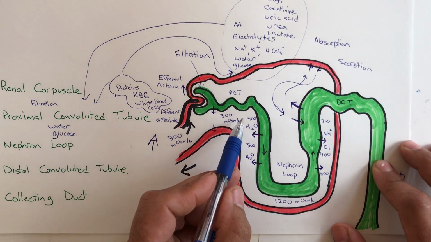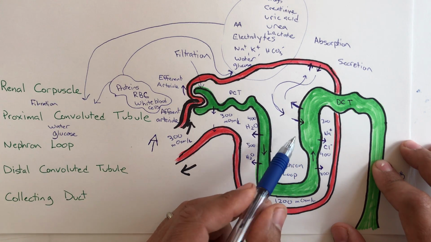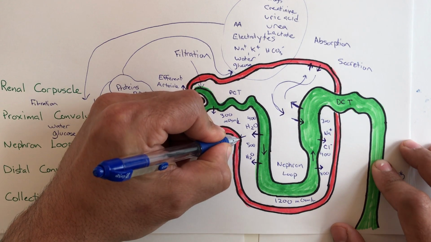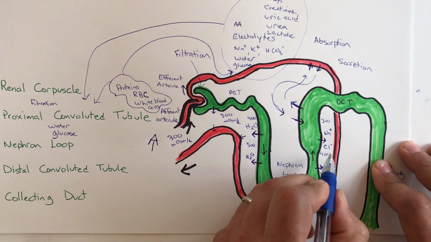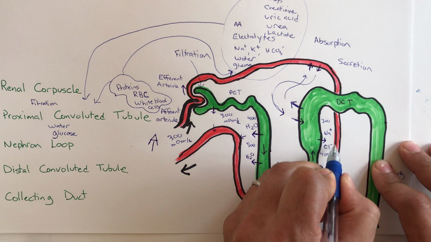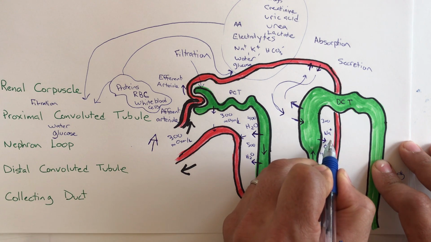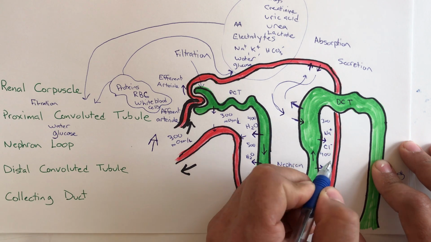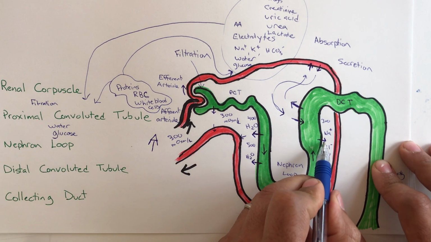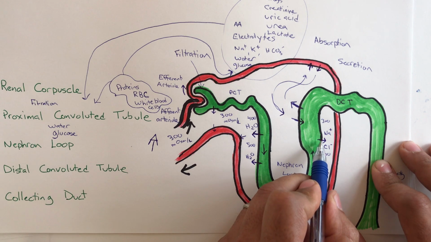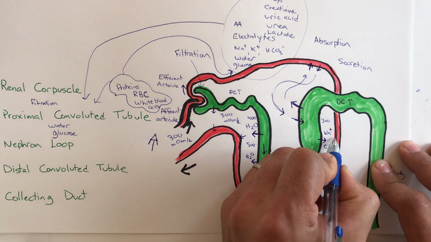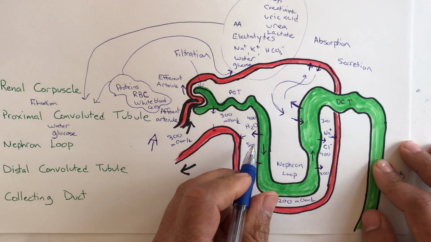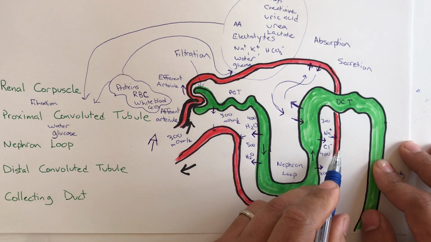So it's important to realize that the concentration goes up and then back down, because water is being reabsorbed out of the tube and into the bloodstream, and because sodium chloride is also being absorbed out of the tube and into the bloodstream.